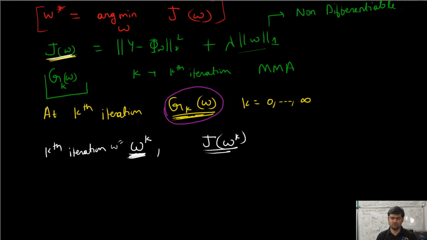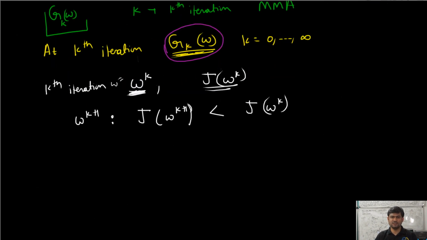So now the goal would be to compute wk plus 1 such that j of wk plus 1 is less than j of wk. We can do this by ensuring that g of k satisfies two properties.